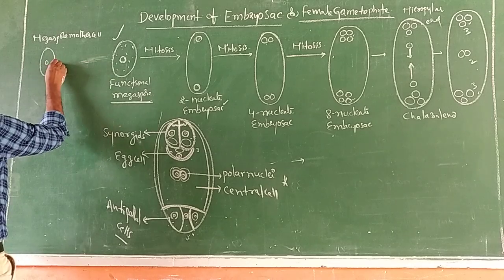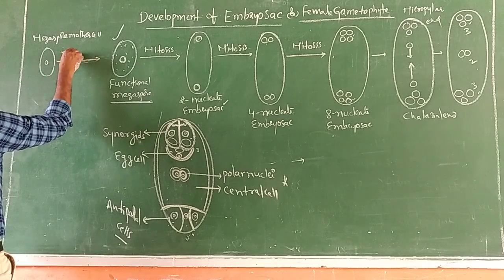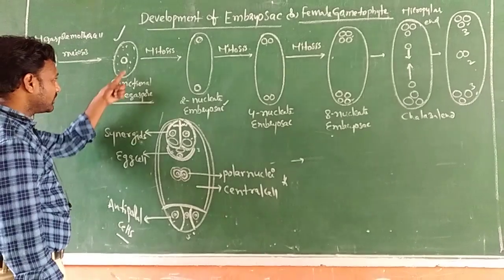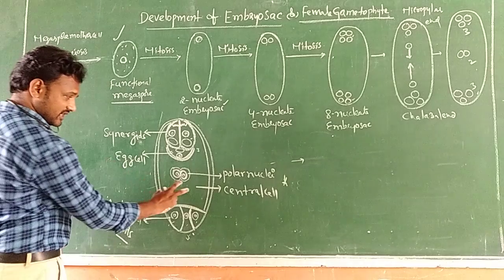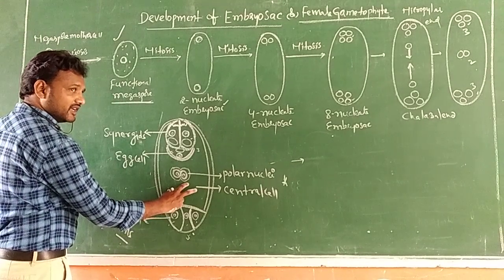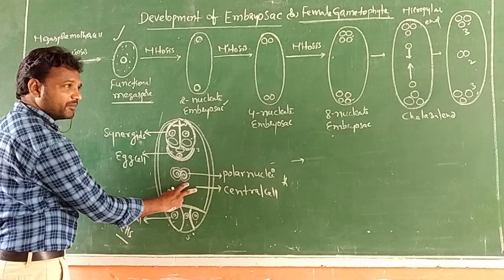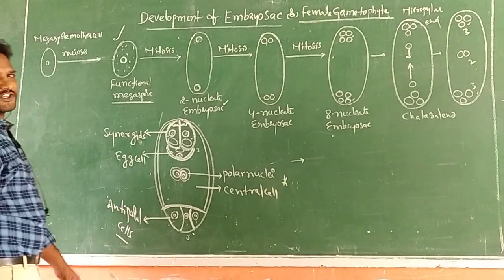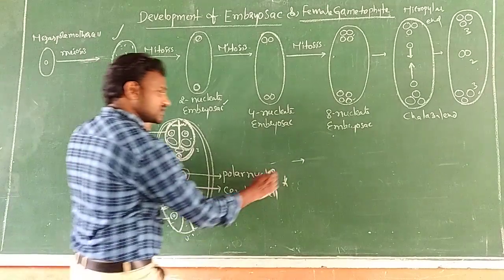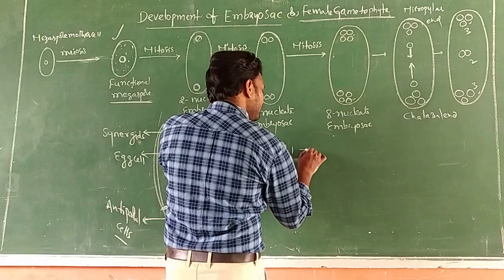The megaspore mother cell undergoes meiosis. My question is, the development of the embryo sac requires how many meiosis and how many mitotic divisions? This is a very important first point. You observe only one meiosis.